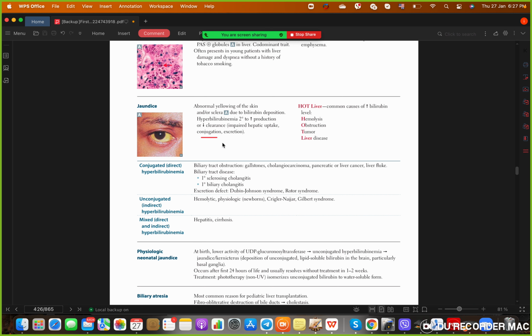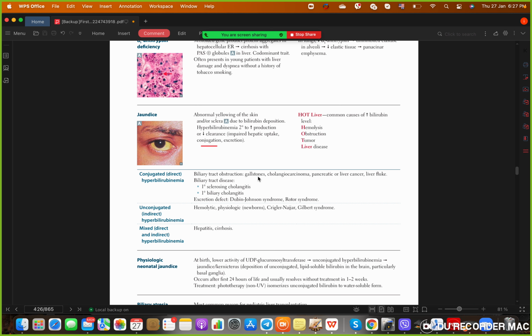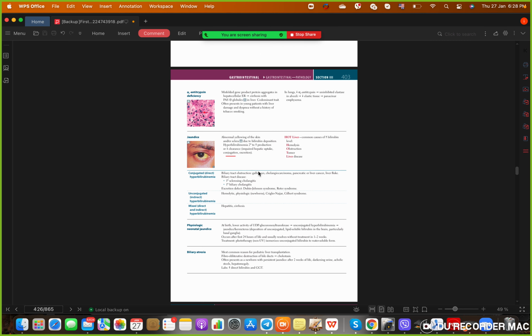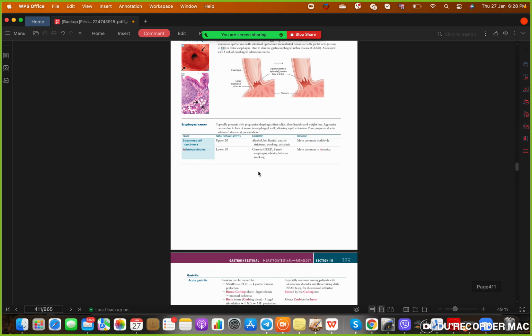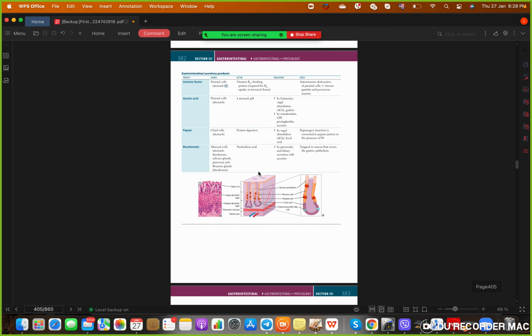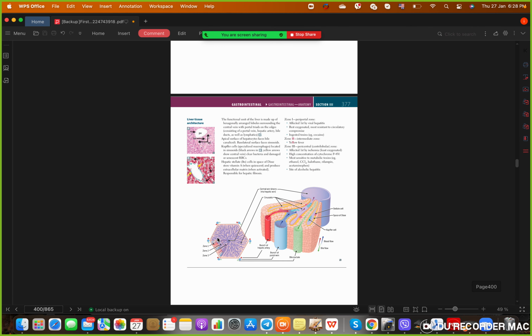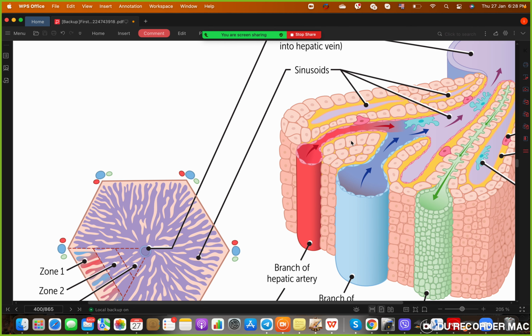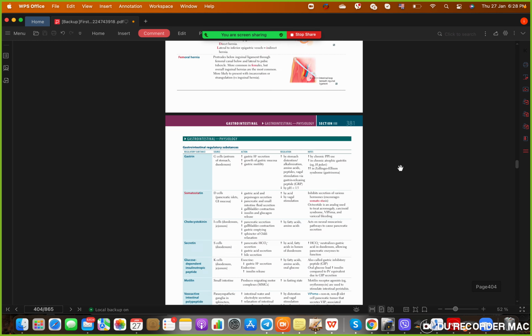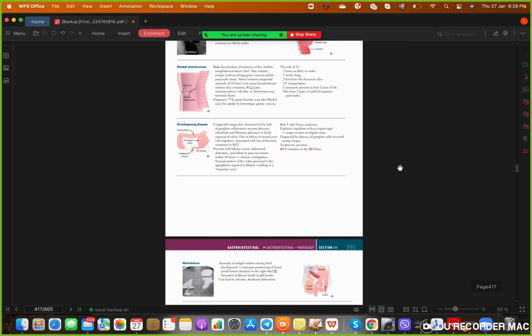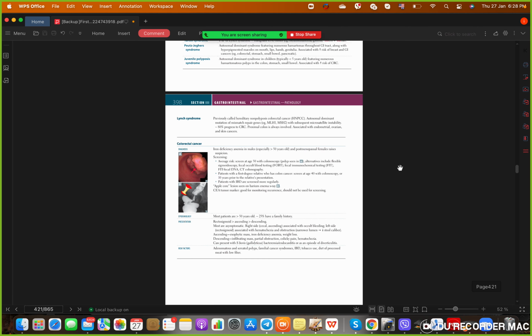Which zone of the liver does conjugation? Nice. Yeah, so it's zone number 3. Why? Because it's the zone that contains the cytochrome P450, if you remember. That means that this enzyme is responsible for the conjugation. Okay.